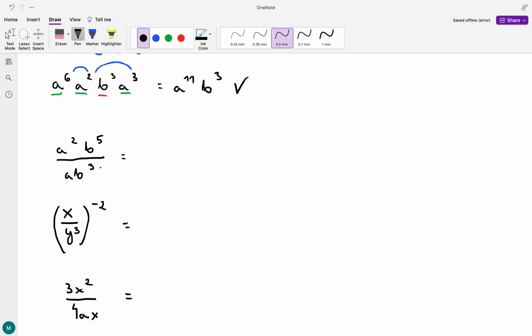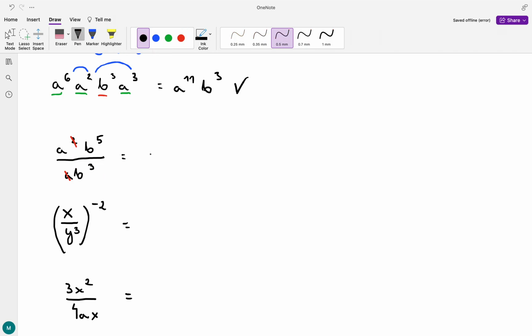Okay. So this one is somewhat tricky because you can actually simplify some things before applying any of the rules. We can see that when we divide a squared by a, we get rid of this a and the square power. So we just have a to the first.